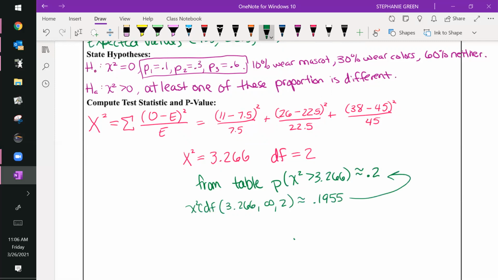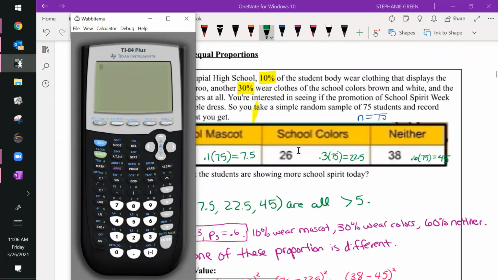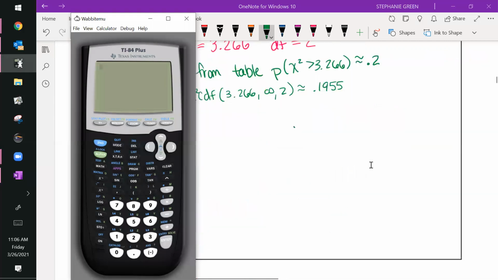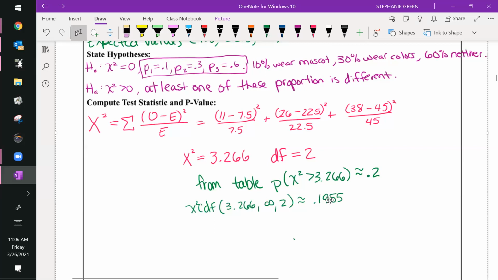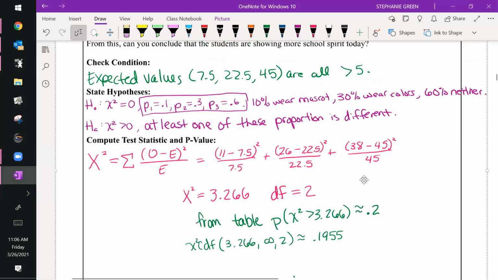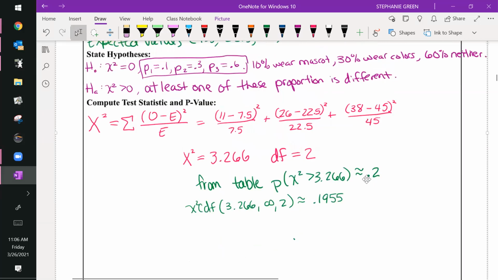And then I could go even further using my calculator and skip a whole bunch of steps. I could put this data into my lists and just do a chi-square goodness of fit test, and it'll give you an even more accurate answer. Either way, though, these two numbers definitely are not less than 0.05, which, oh yeah, I fixed that on your notes, but I forgot to stick it in here.